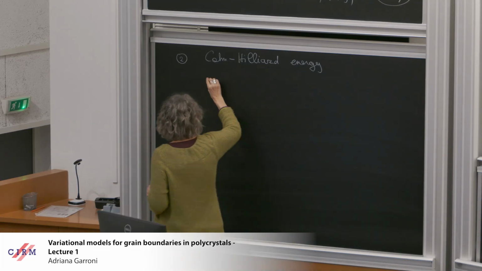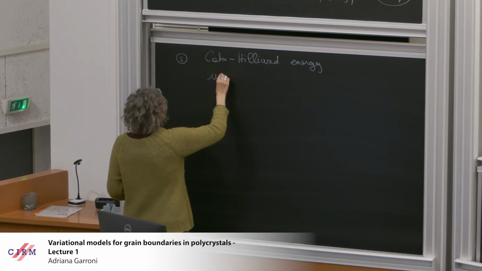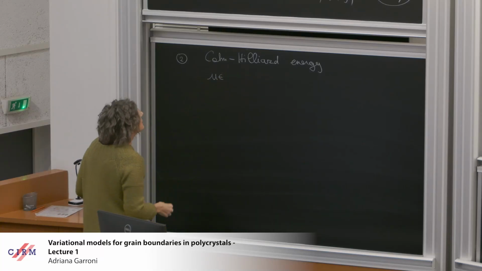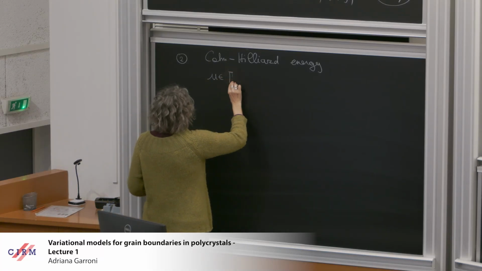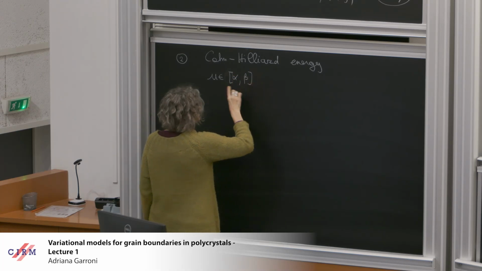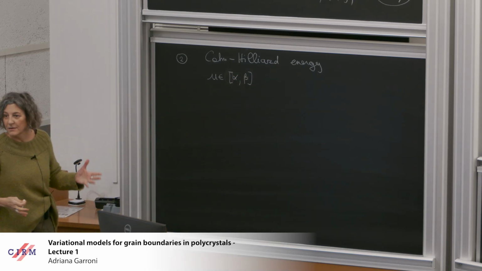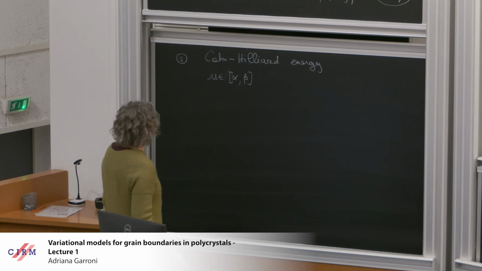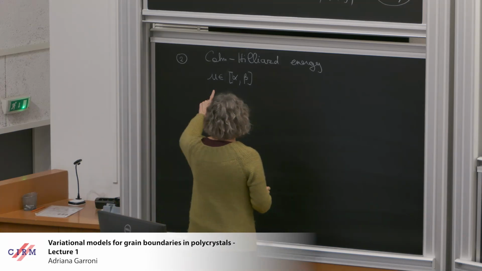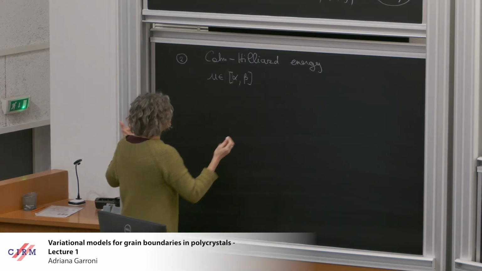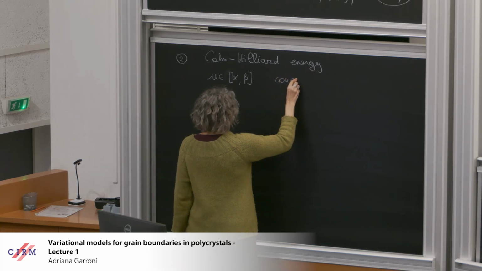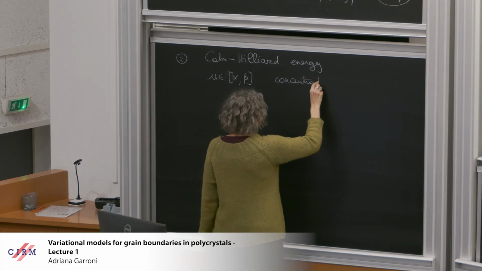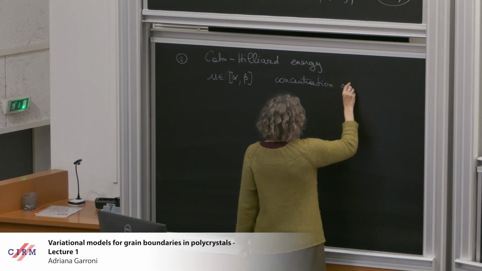Now the order parameter does not take values in alpha and beta, but takes values in R. Actually, maybe if you really want to give the interpretation, I'm going to say it is alpha and beta, but in general, it's a real parameter. And so it's smooth. So it describes somehow the concentration of the phase.